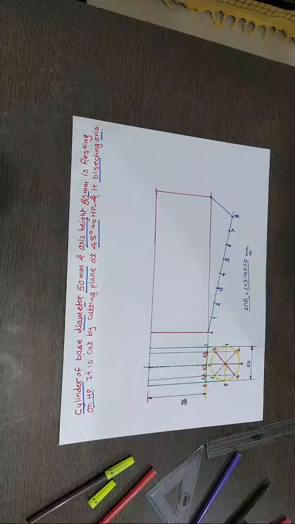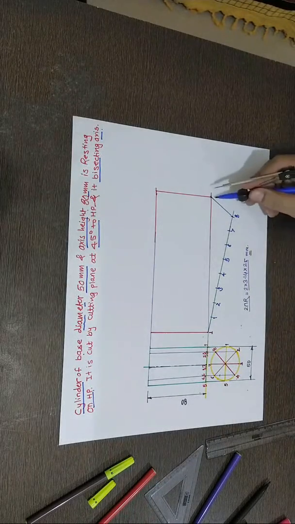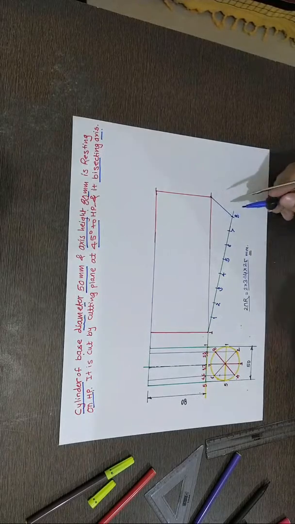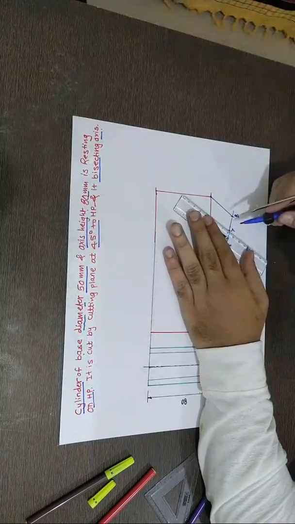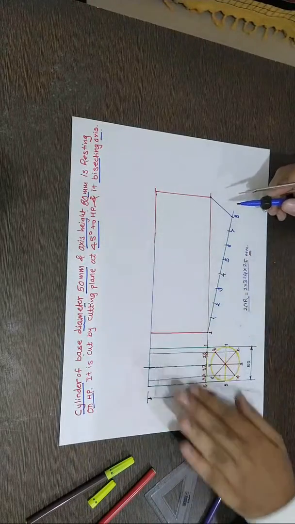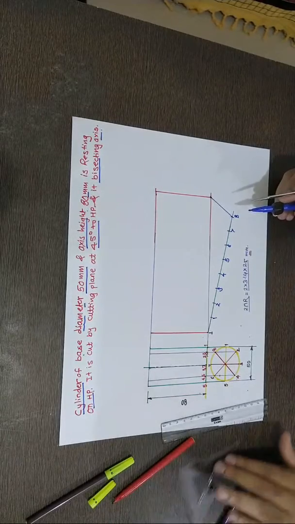Now parallel to this you need to mark a line parallel to this line 8 and this. You need to mark lines passing through all the points. It's quite difficult to draw without a ruler or drafter. I'll use this.